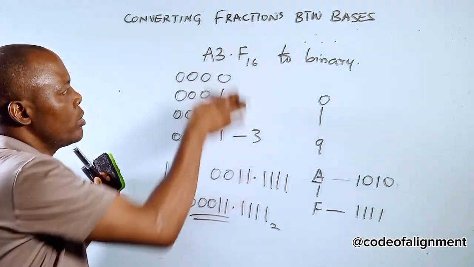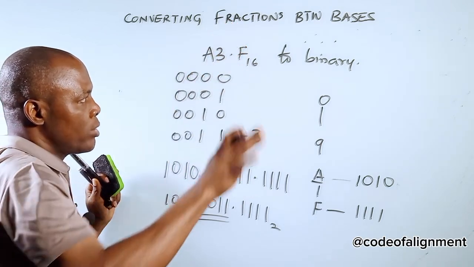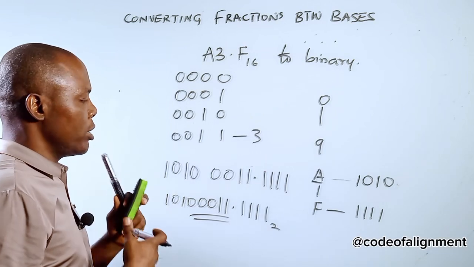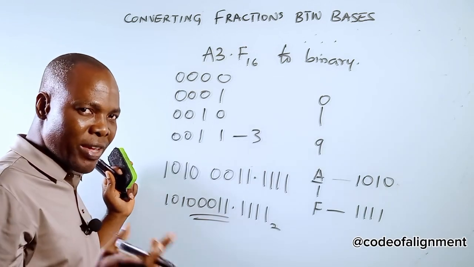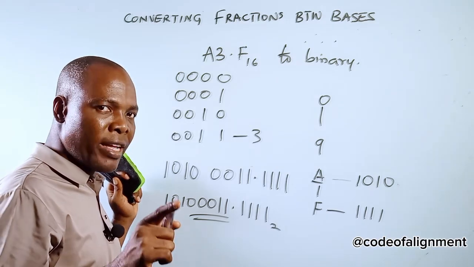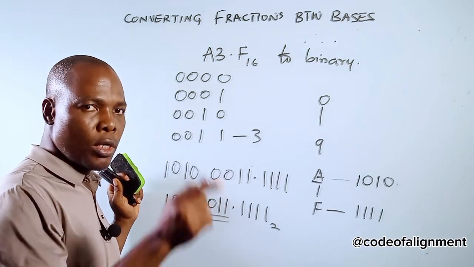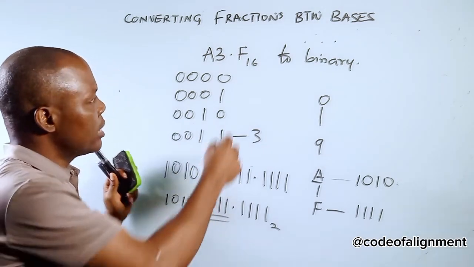All you simply need to do is look at all the symbols, convert them to their binary format, then join them together. That is why it is very easy for engineers to convert binary to hexadecimal, and then from hexadecimal to decimal.